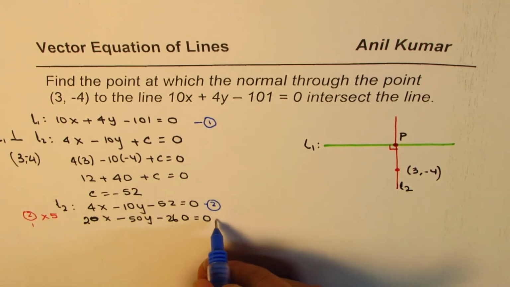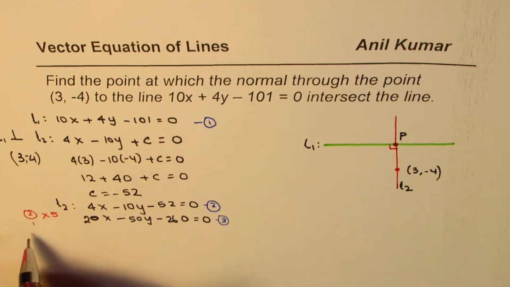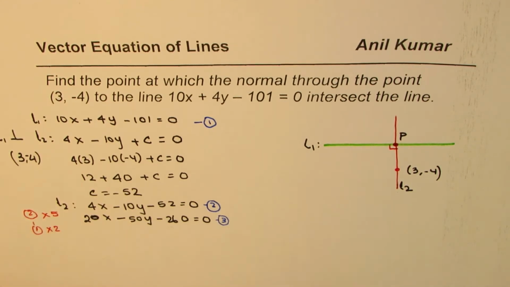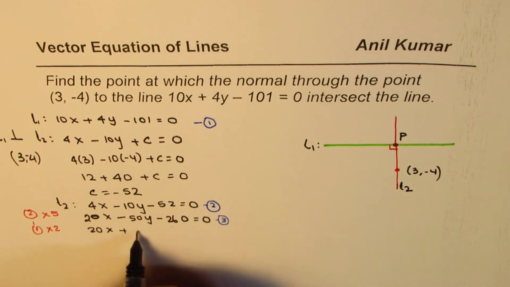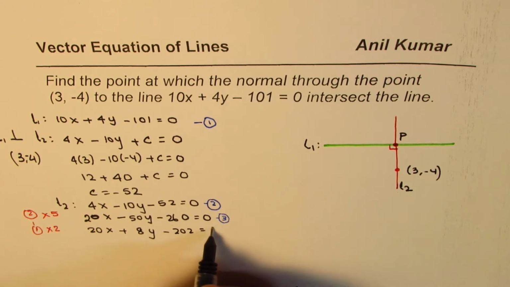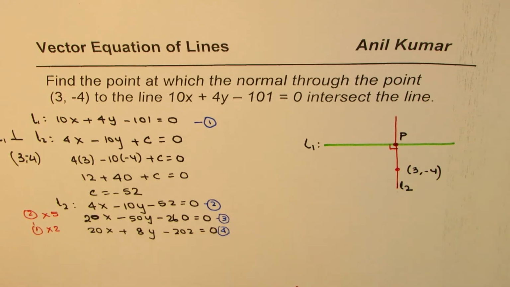So we multiply equation 2 by 5. And now we will multiply equation 1 by 2. We're just doing elimination. 10 times 2 is 20, so we get 20x + 8y - 202 = 0. Let's call this equation 4.